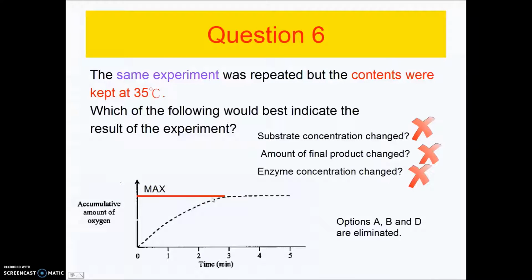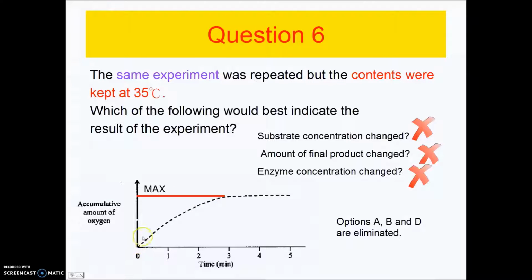So in this case, options A, B, D are eliminated because in option B and D, you can see the curve is higher than the curve of 25 degrees Celsius. But for option C, the maximum level is probably the same, but it reaches the maximum level earlier. Because why?